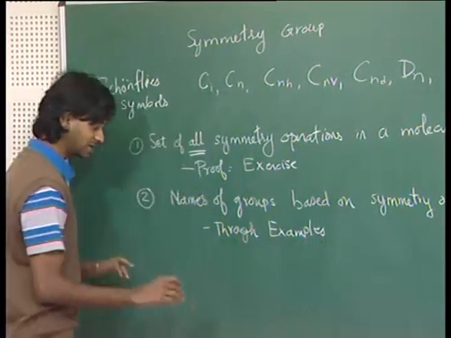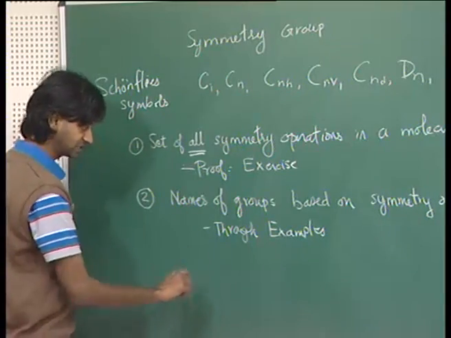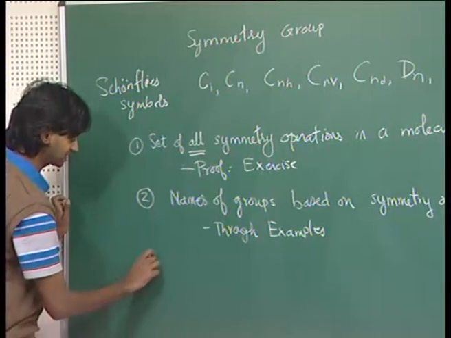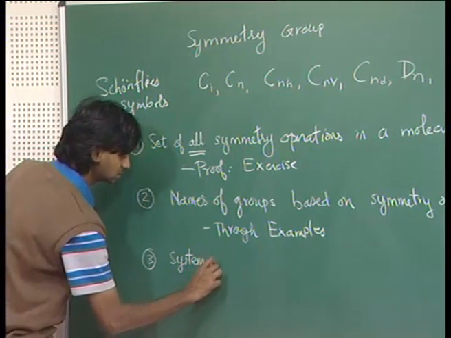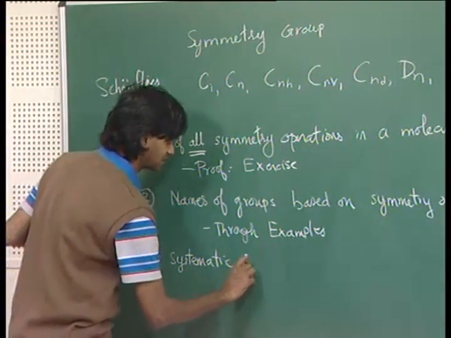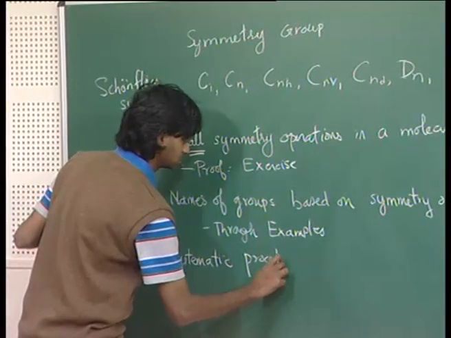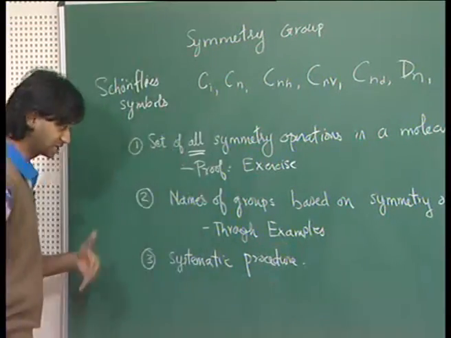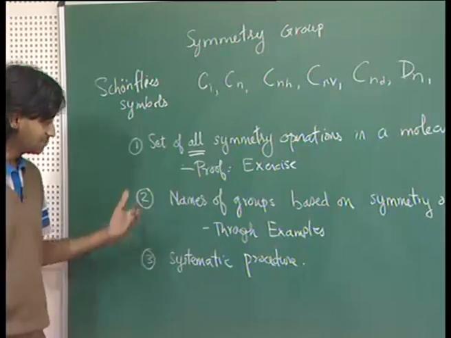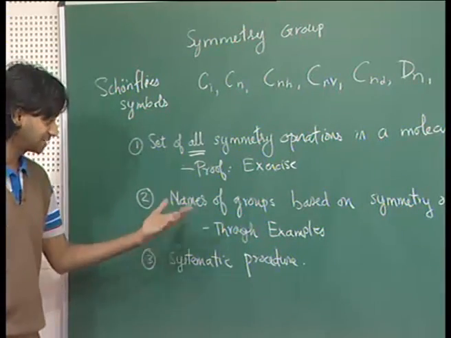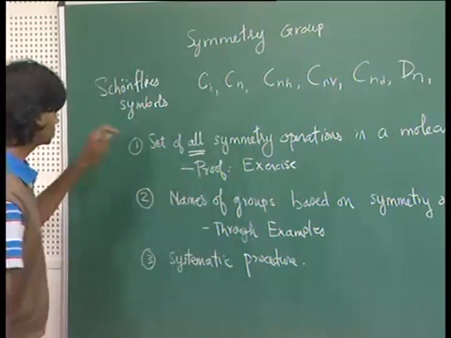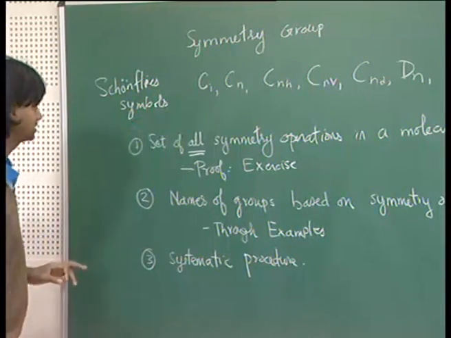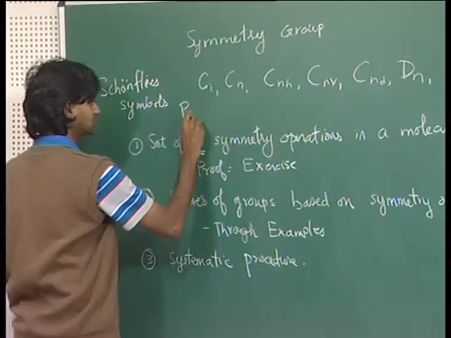At the end of this we will come up with a systematic procedure where you look at a new molecule, identify its symmetry elements, and then identify the groups. These are called Schoenflies symbols. They are also called point groups.